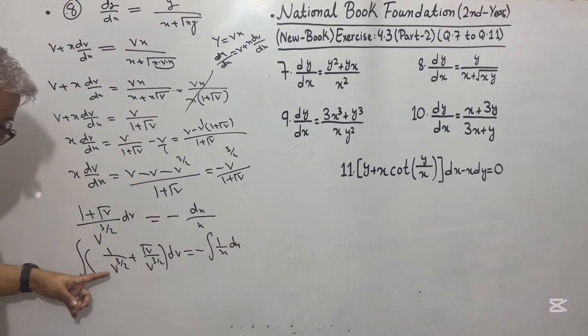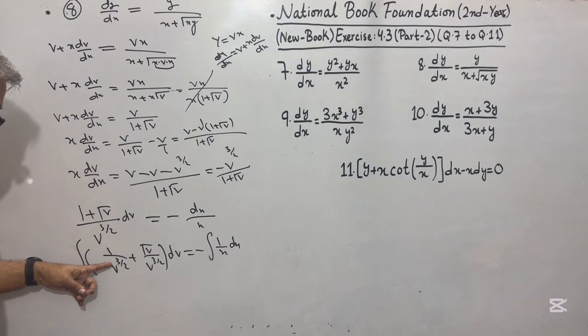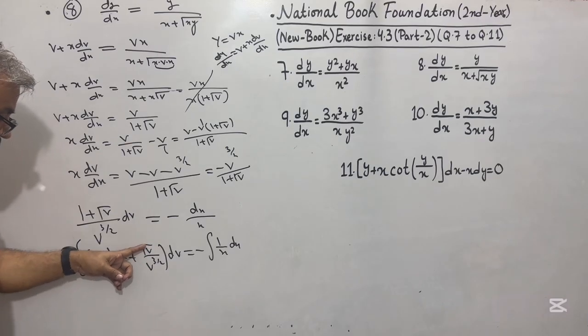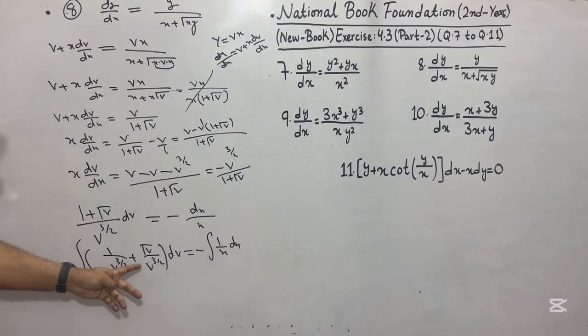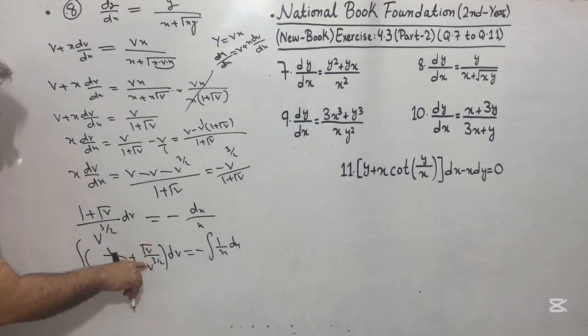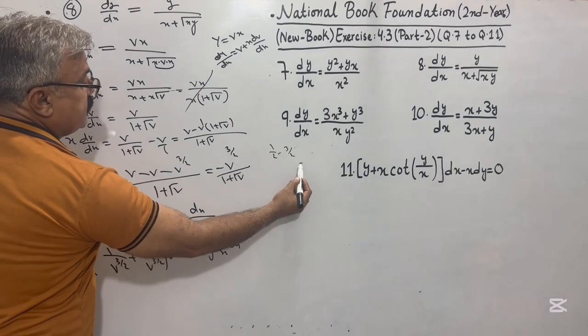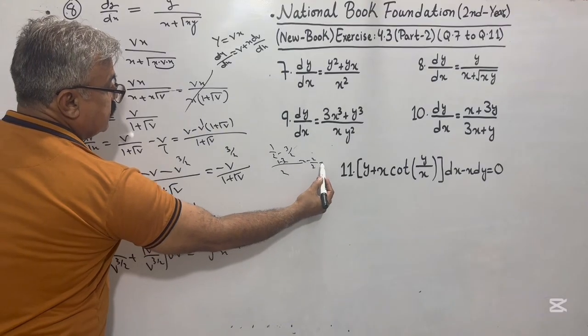We shift this v raised to 3 over 2 to the numerator, changing the sign of the power. There is 1 over 2, there is 3 over 2. 1 over 2 minus 3 over 2, taking LCM, 1 minus 3, it will become minus 2 over 2, which is minus 1.